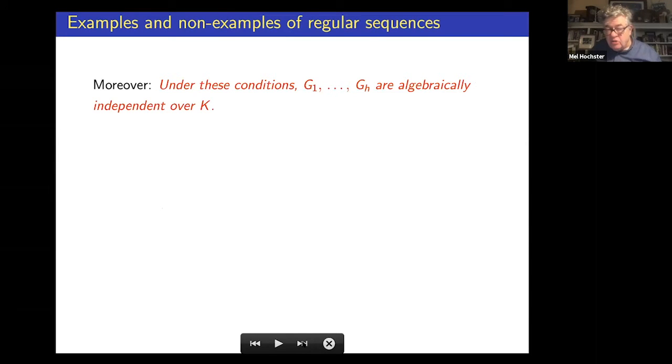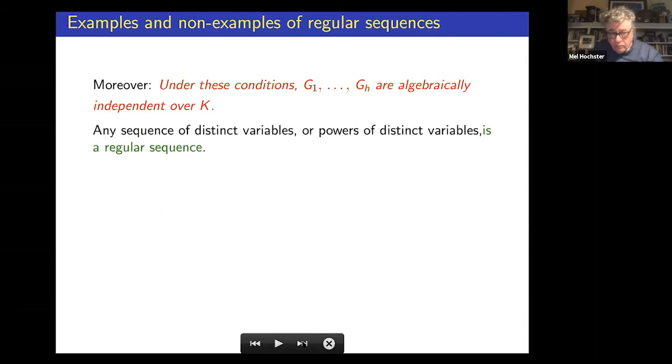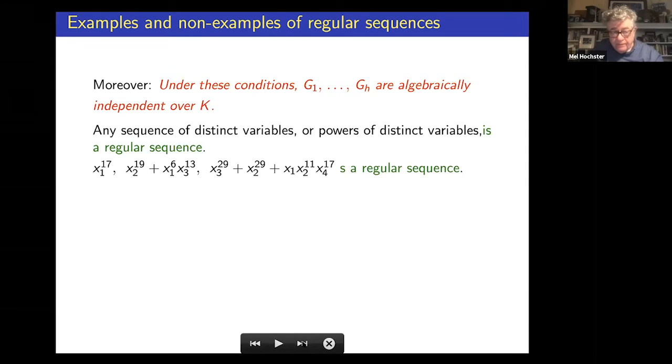And these conditions do imply algebraic independence, but they're much, much stronger. So by way of example, if you have variables or powers of distinct variables, that's a regular sequence. And here's a less simple example, but this is also a regular sequence. These are homogeneous of degrees 17, 19, and 29.